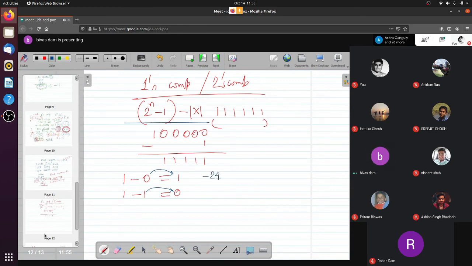24 in 6-bit 1's complement system, what is the representation of minus 24?